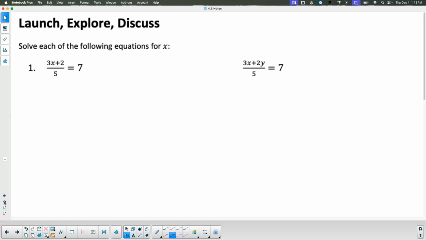So here on the left one, we'll solve the linear equation first. What would you like to do first to solve this? Multiply both sides by 5. Love it. Thank you. So then that gives us 3x plus 2 equals 35, because those 5s cancel each other out. Love it. Next. Subtract 2. Okay.